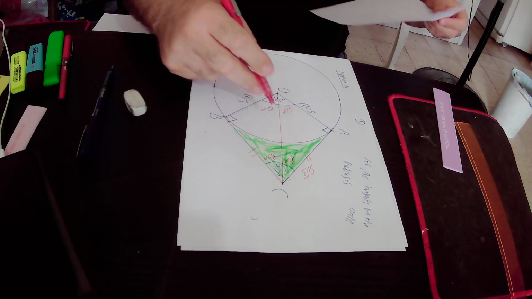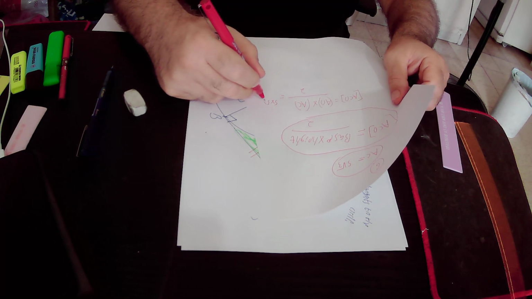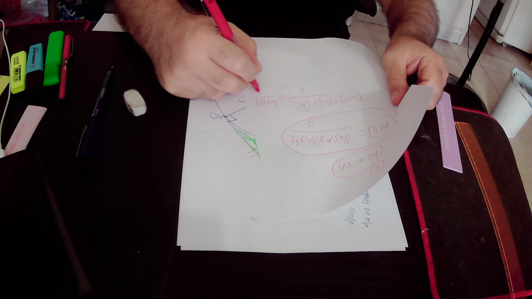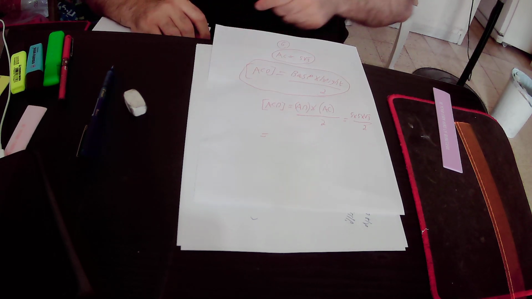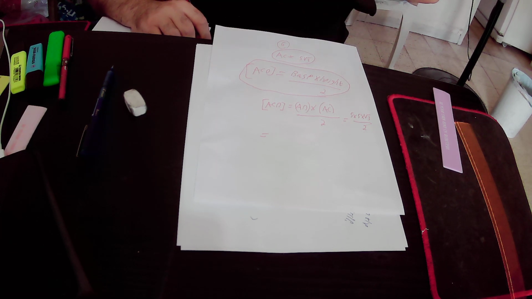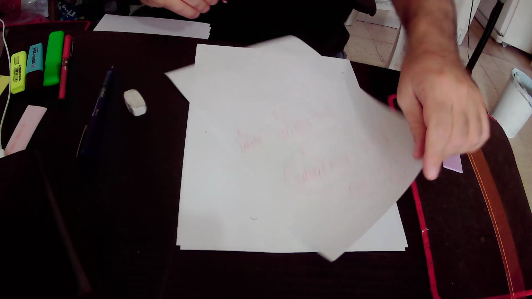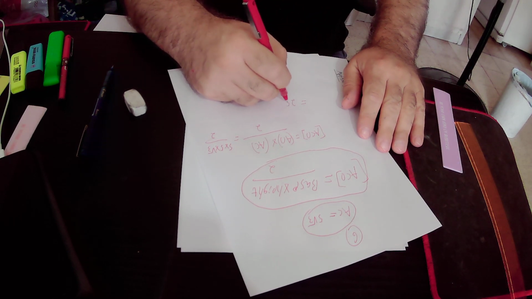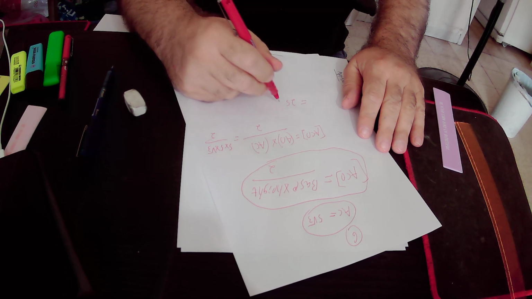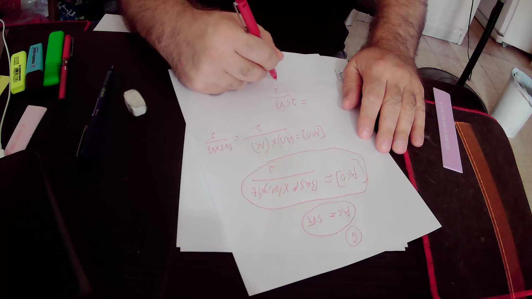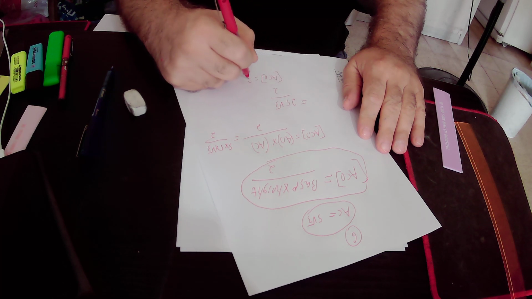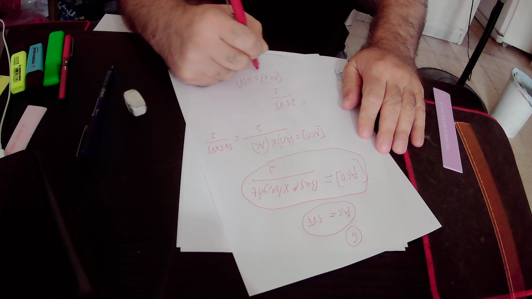AC equals 5 times root 3 over 2. So in total, 5 times 5 is 25 times root 3 over 2. Okay? So the area of triangle ACO equals 25 times root 3 over 2.